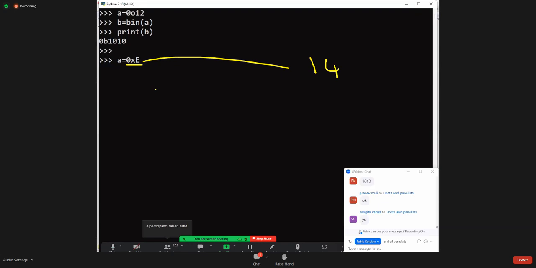Now, I want to convert it to where? Binary. Binary I want to convert. 14 is going to be 14 only in the number. So how do you write it? 16 to the power of 0, 16 to the power of 1, like this you need to convert. I am converting hexa to where? Binary.